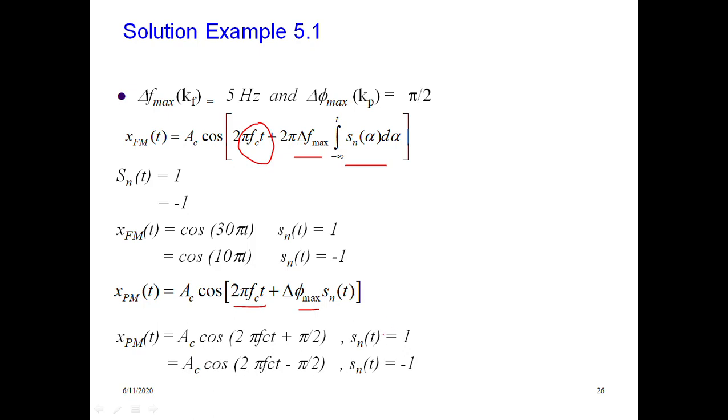So each one will be plus pi over 2 and minus pi over 2. And for this one, 30 pi t and 10 pi t, meaning the highest value will represent 30 pi t and minus 1 will be 10 pi t. And for 1, we use pi over 2, and for minus 1 we use minus pi over 2.